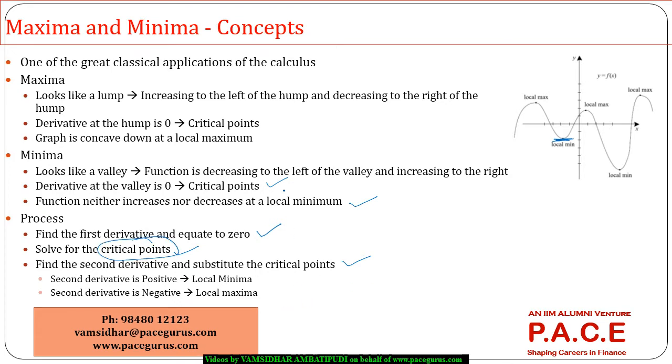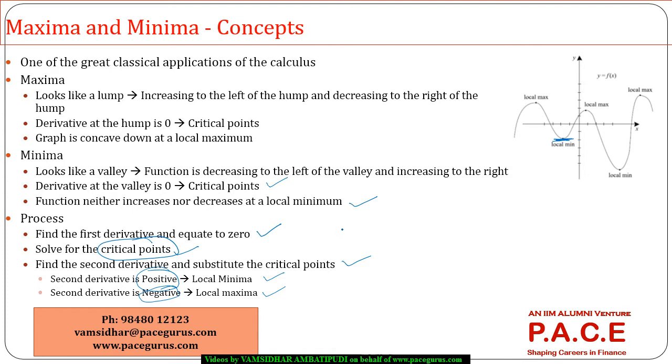Wherever the second derivative after substitution of the critical point turns out to be positive, you say that at that particular point the value is a minimum. If the second derivative turns out to be negative, you say that the function has a maximum at that point. That's a straightforward way of solving for maxima and minima.